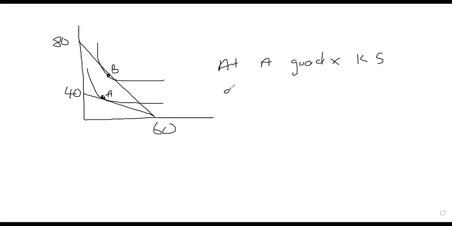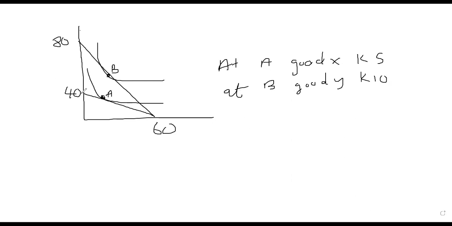Then at B, good Y is 10 kwacha. What are the budget lines?